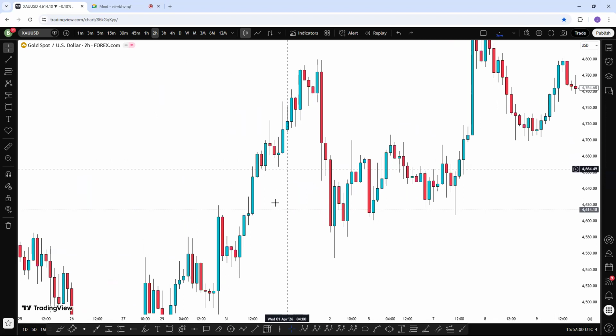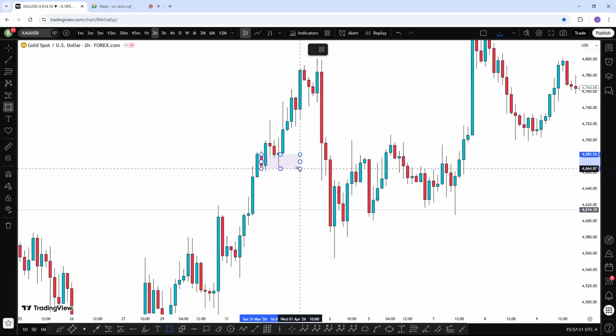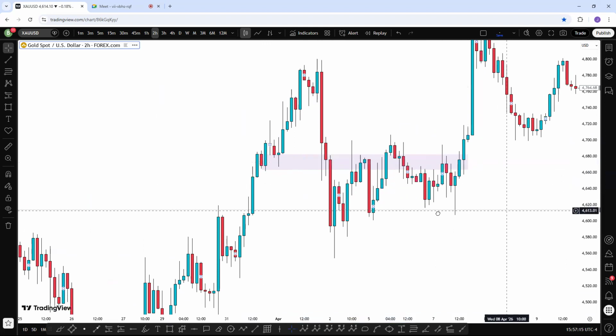Okay. So this is HS. Manipulation tested, another manipulation forms. Okay, this is strong HS. This is the zone.